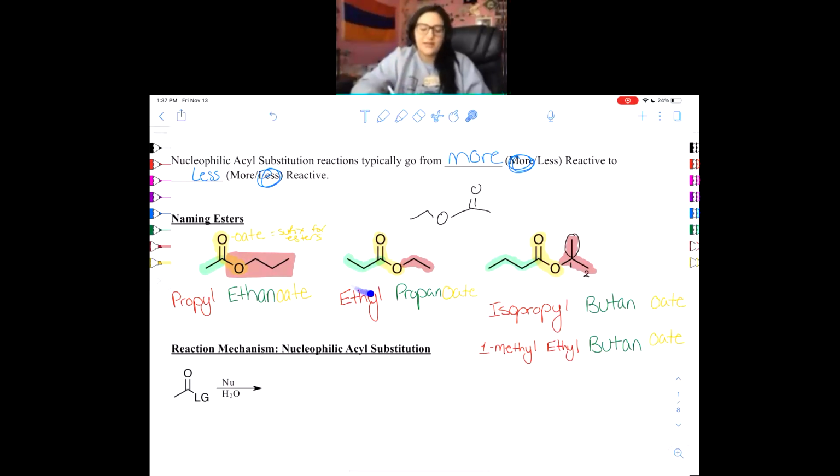Usually it will be drawn out like this, so I guess you can think of it as the right side, but it's better for you to think about it as the side attached to the oxygen and the side attached to the carbonyl. Does that make sense? Okay, cool. That's a great question, though.